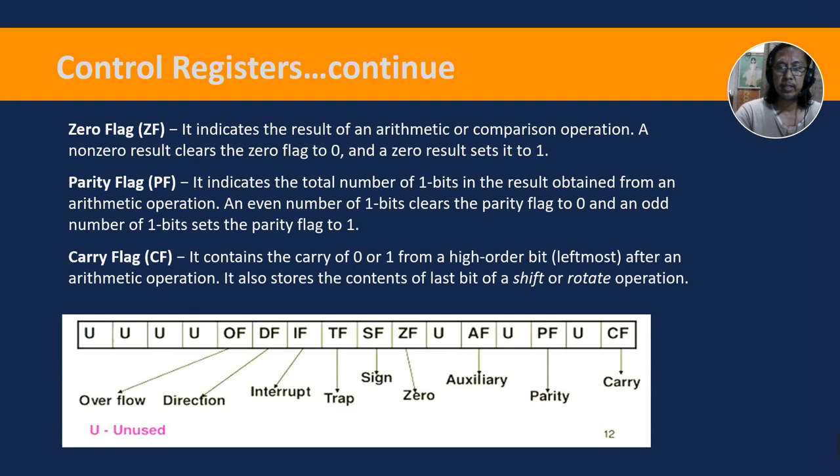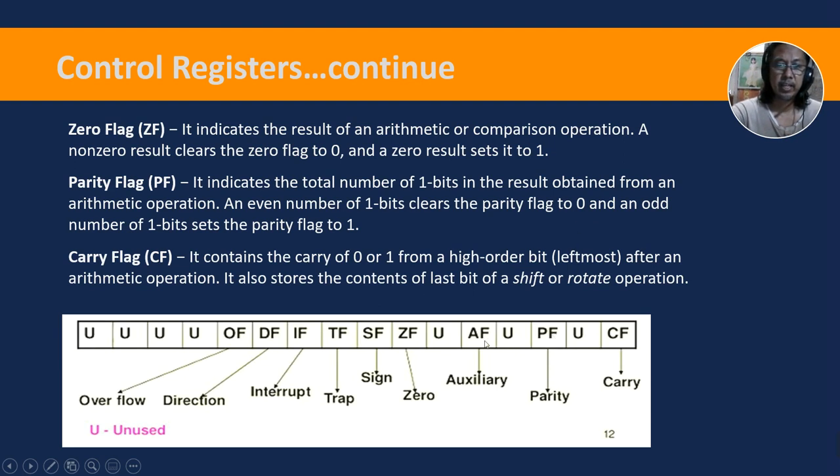So this is the location. If you have the flag register, this is the location. The rightmost bit contains the carry flag. Here they have the parity flag, so this becomes 1 if there is an odd number of 1s here.